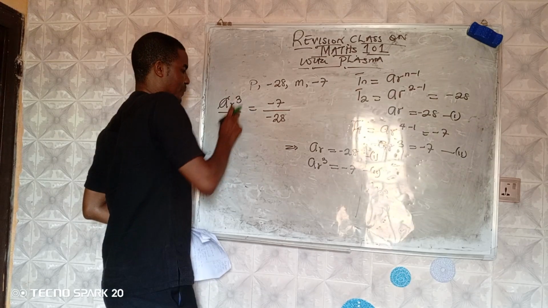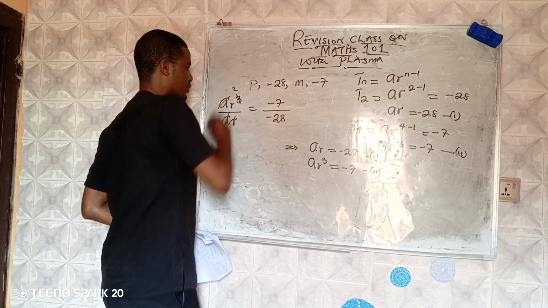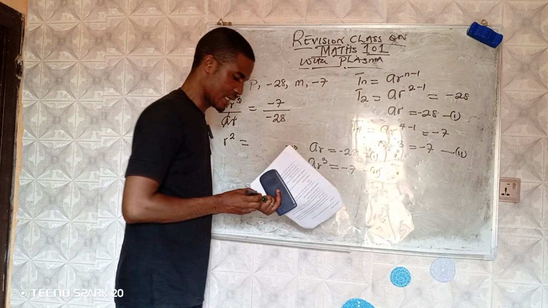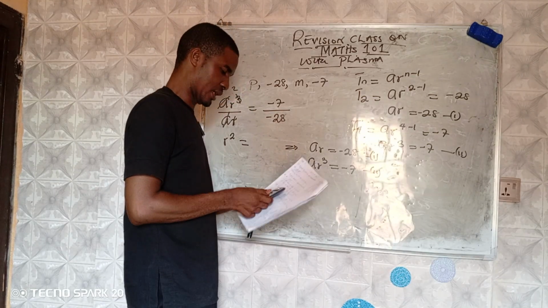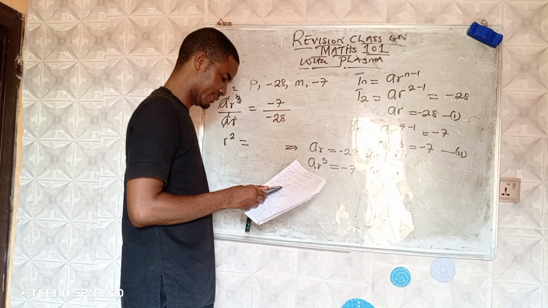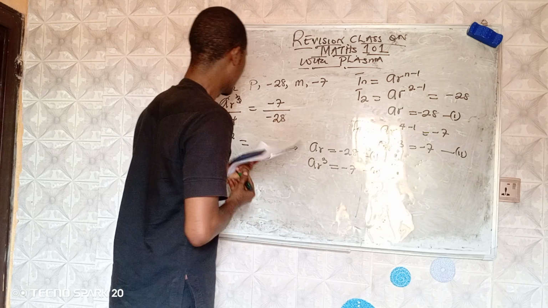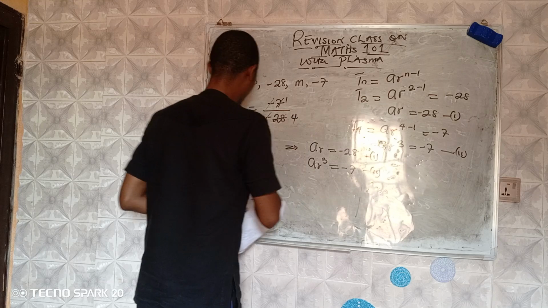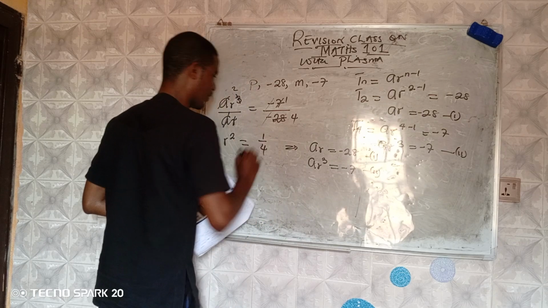There are 3 r up, there is 1 r down, so it will remain 2. So I have r squared equals, we cancel minus, 7 here is 1, 7 here is 4. So I have 1 over 4 here.